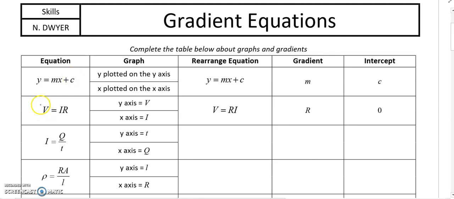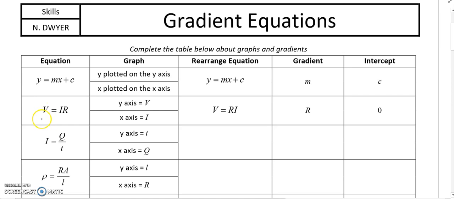Let's take the relationship between the voltage, the current, and the resistance as our first example. This is already in the form y equals mx plus c. If we were looking at the resistance of a fixed resistor, we would have something we can vary, something we can measure, and a constant.